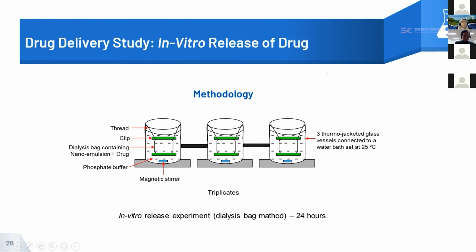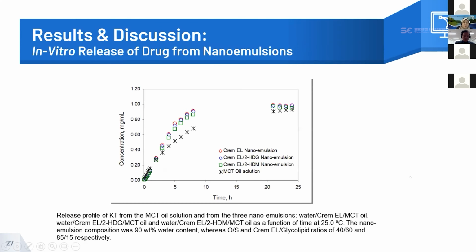And then finally, we conducted the drug delivery study, using a membrane dialysis bag for 24 hours. This is the outcome, which proves that the 3 nanoemulsions can release the ketoprofen very rapidly, in less than 24 hours.